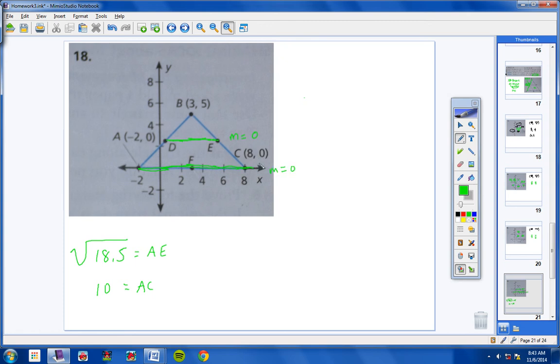So they have the same slope, so they're parallel. So there we go. We use the slope to show the two lines are parallel. We use the distance formula to show that one segment is twice as big as the other segment. Okay, and that's all they wanted us to do on this one. And this is number 21 using number 18, okay?